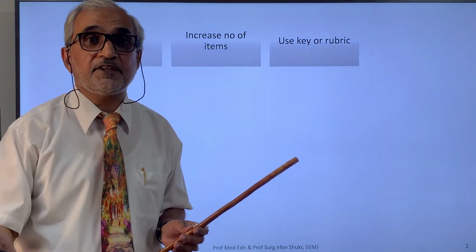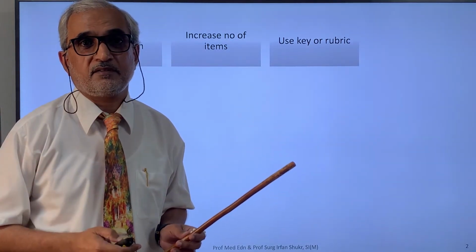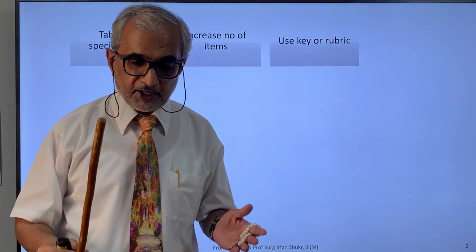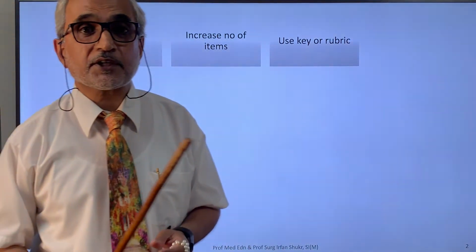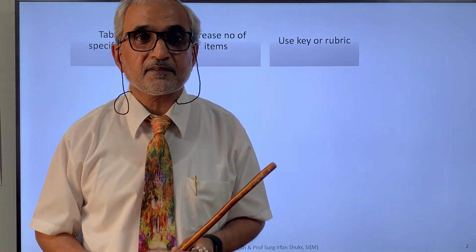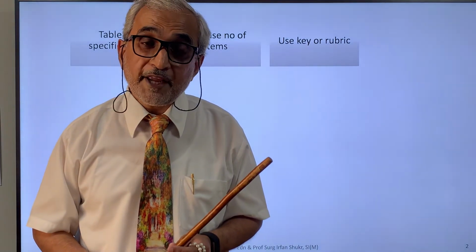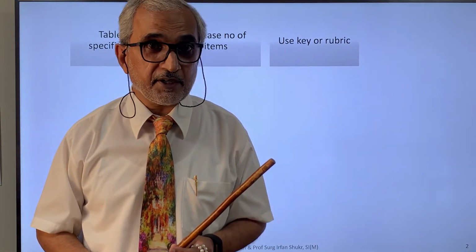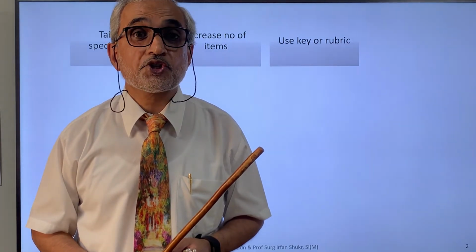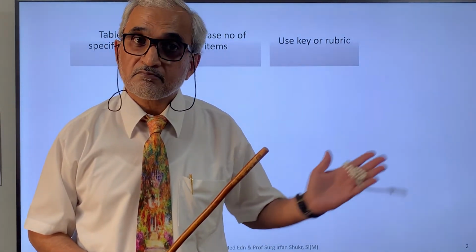Inter-rater reliability is going to improve, because the different examiners are checking the papers according to a key, so obviously they are going to get the same marks. And even if we use a computer, the bubble sheets, the machine which is used to check MCQs, with a good key.